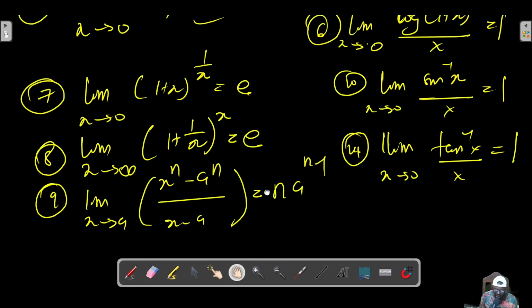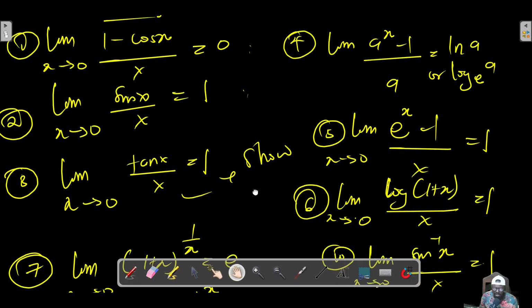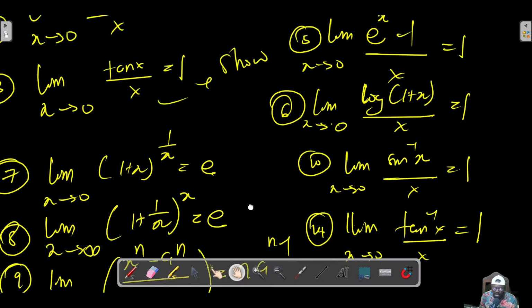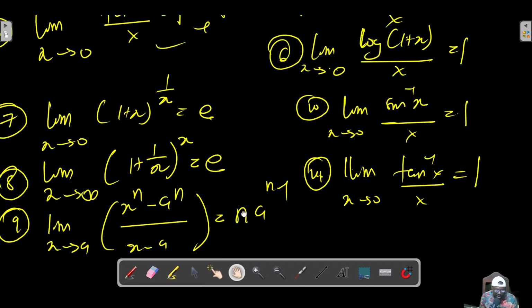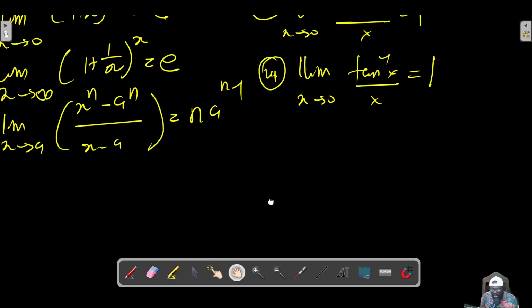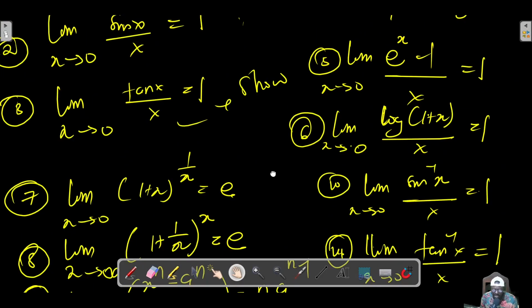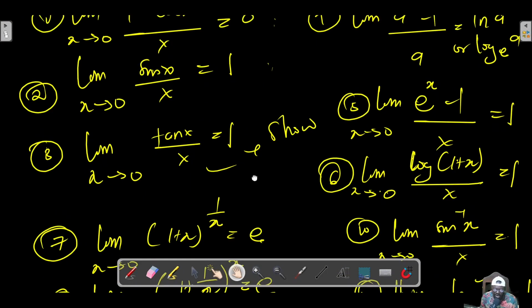So I think these standard limits are okay. For exam's sake, try as much as possible to memorize them. It is not good to be memorizing stuff, but for these, for exam's sake, try to memorize them.